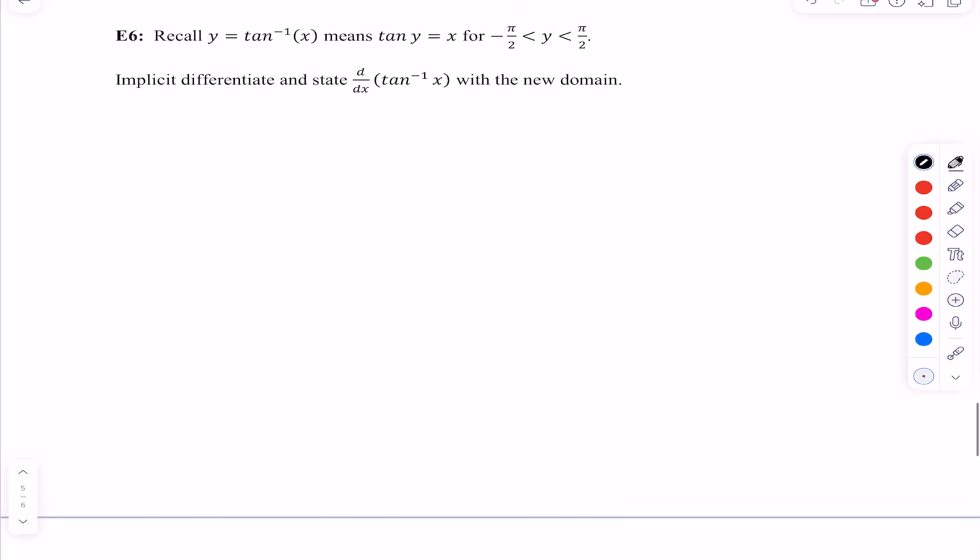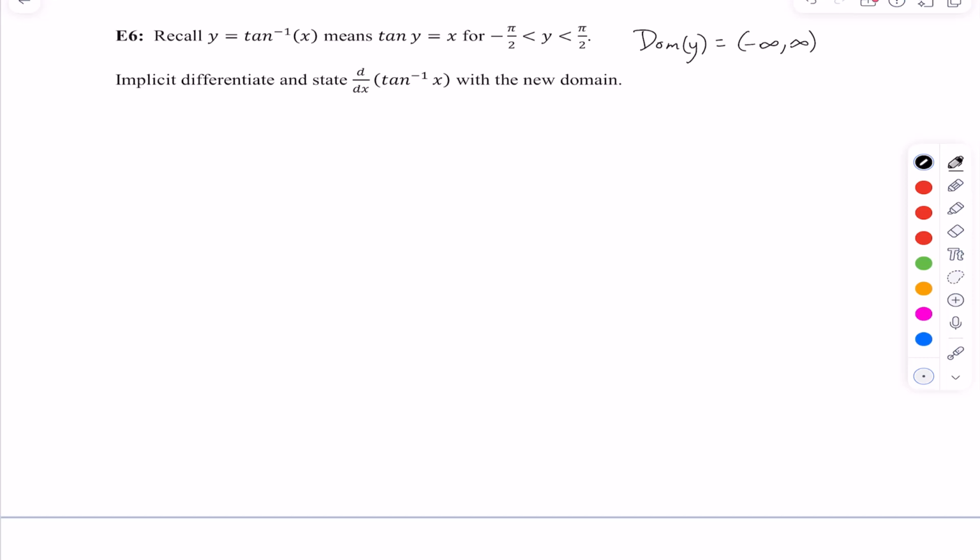We could do a similar technique or similar procedure for the inverse tangent of x. If you're curious about the domain of the inverse tangent, it is actually the set of all real numbers, and we can write it in interval notation.